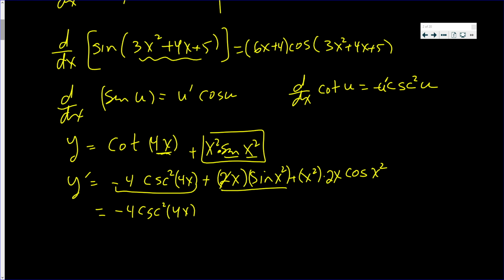So between here and here, they seem to have 2x in common. So we factor it out, and what isn't circled, namely the sine of x squared plus x squared cosine x squared, gets factored out.